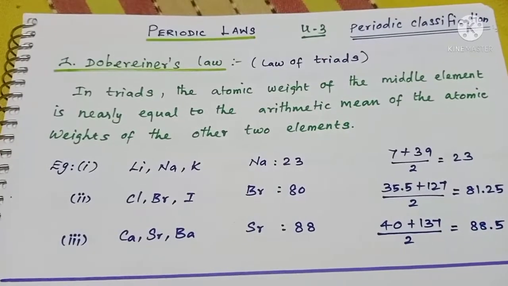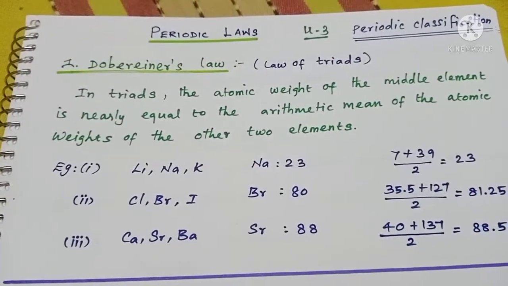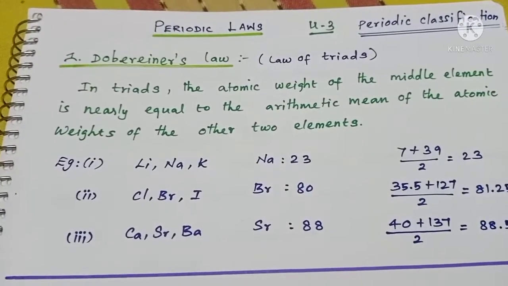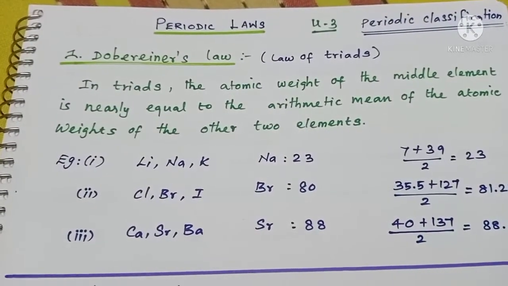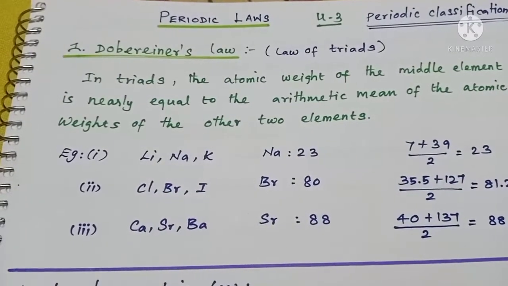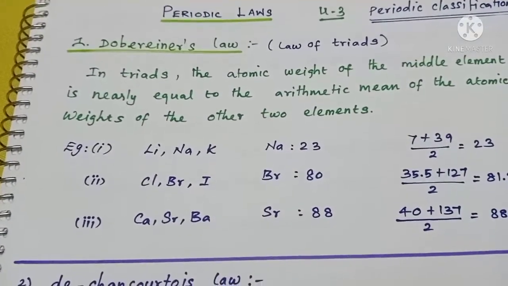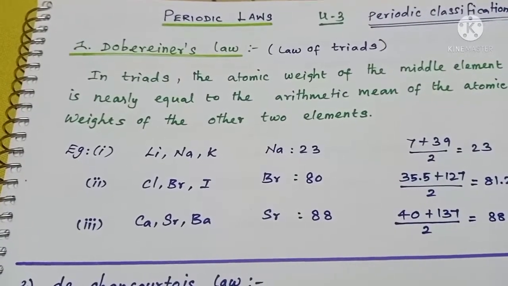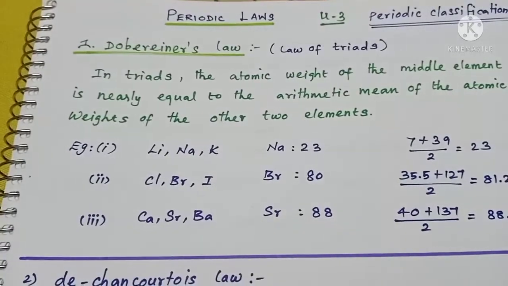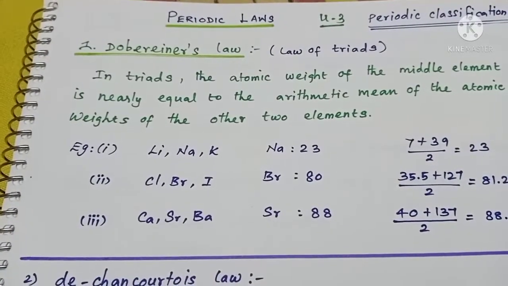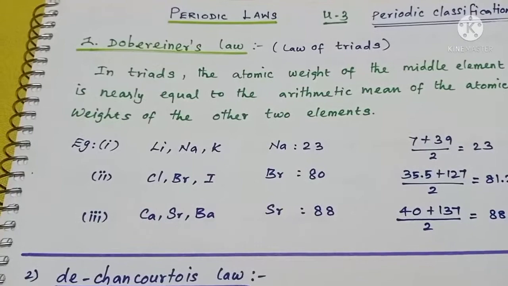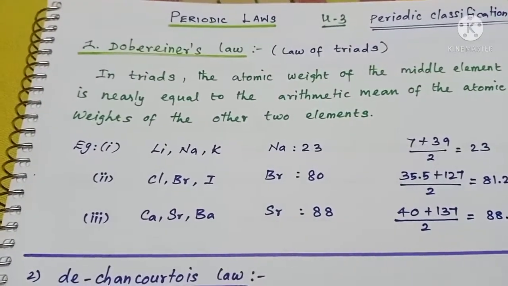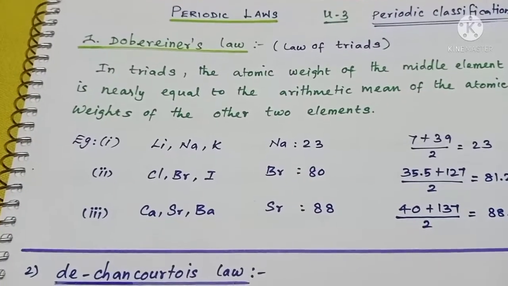According to this law, in triads, the atomic weight of the middle element is nearly equal to the arithmetic mean of the atomic weights of the other two elements. So when three elements are arranged in a group, the atomic weight of the middle element is approximately equal to the average of the atomic weights of the other two elements. That is, the average of the atomic weight of the first and third elements is equal to the atomic weight of the middle element. That is Dobereiner's law of triads.